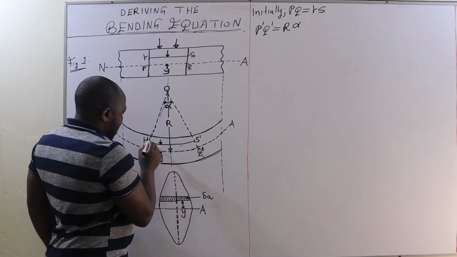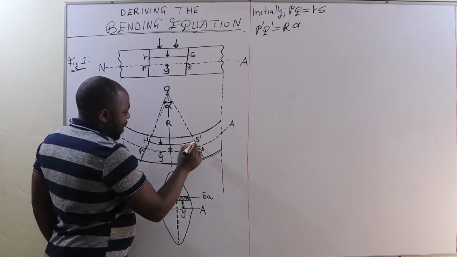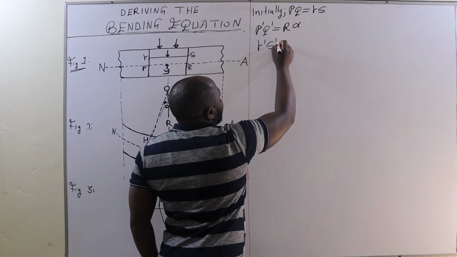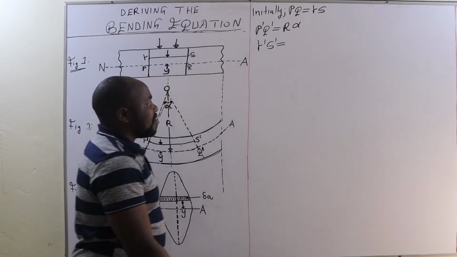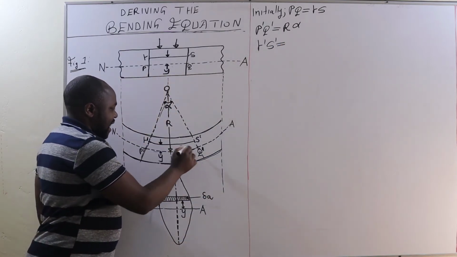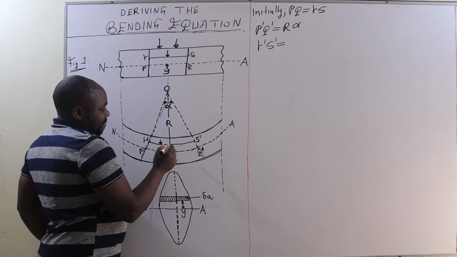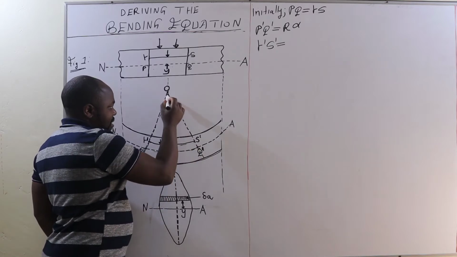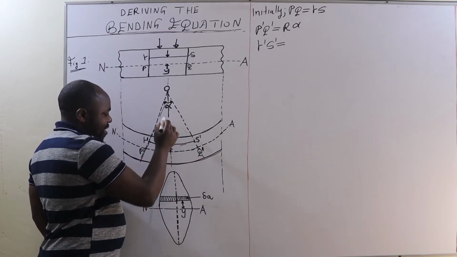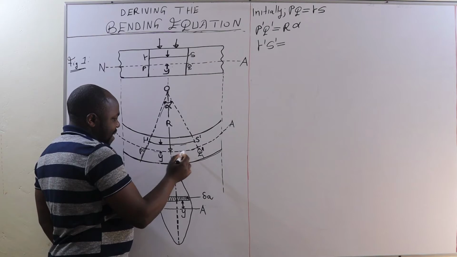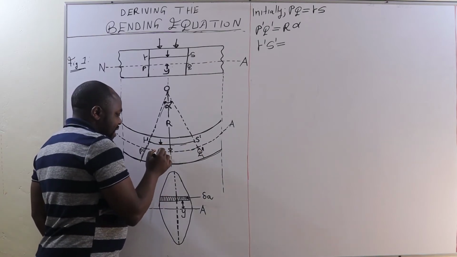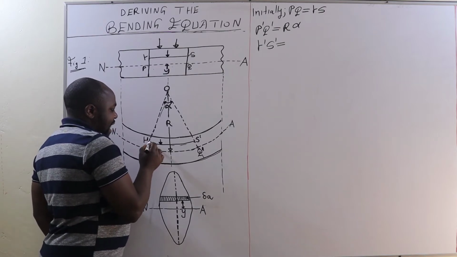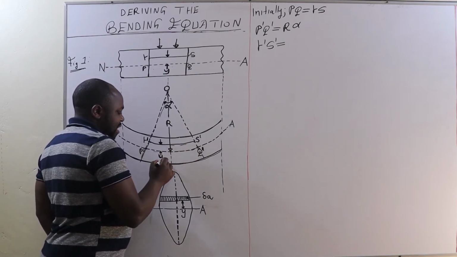Likewise, the length of R prime S prime is going to be given by the radius of this arc, which is the radius of arc P prime Q prime minus the distance between layer P prime Q prime and R prime S prime, which is y.